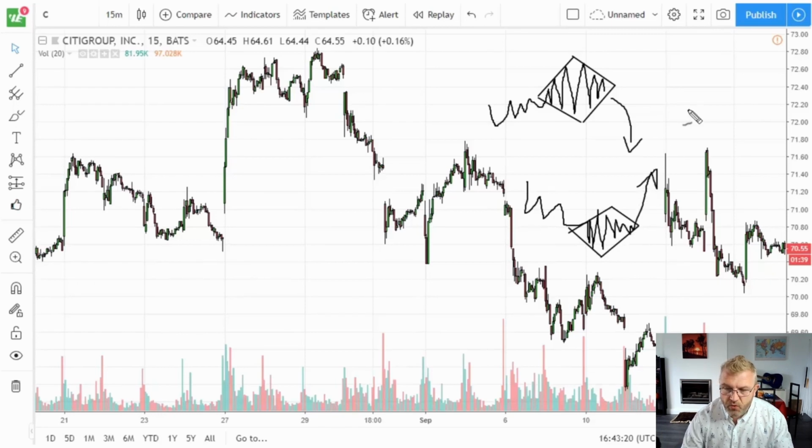Now, why is this significant? Really, what you should be paying attention to here is that the market is widening and then it's tightening, and that means it's coiling like a spring. And that's really the most important part about this. It's not the diamond shape in itself. In the case of a top, you're going higher, and then the market gets more volatile.